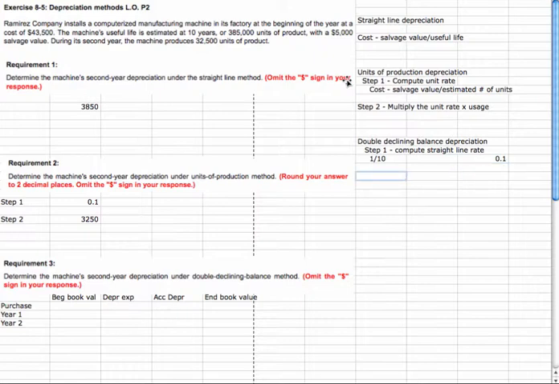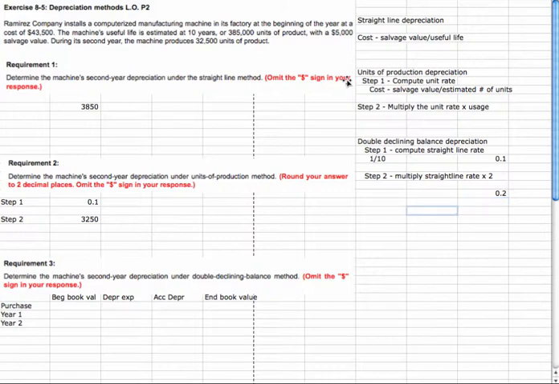But now step 2 is multiply the straight line rate times 2. That's because it's going to be double declining. So I want to take the 0.1 or the 10% times 2 to give me basically a 20% rate on the double declining balance.